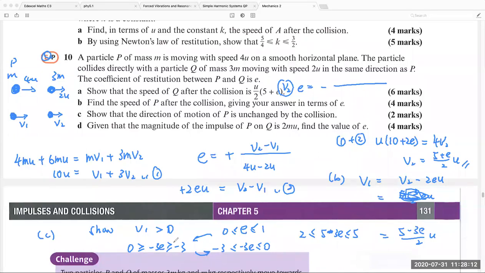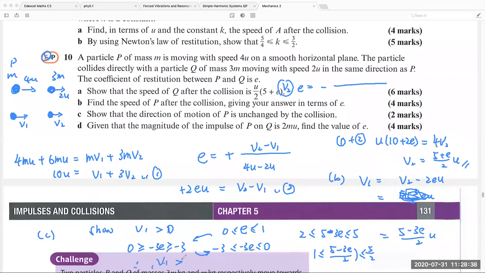On both sides, the 0 times negative 3 is 0. Oh, never mind. So you know what, 5 minus 3e divided by 2 is a positive number. Therefore, V1 is positive.